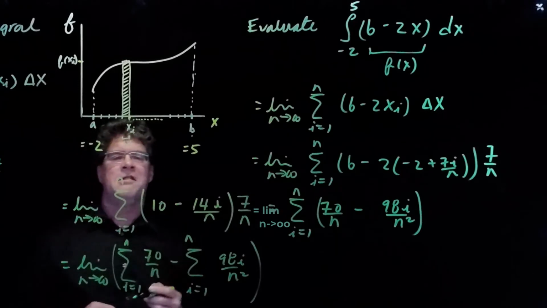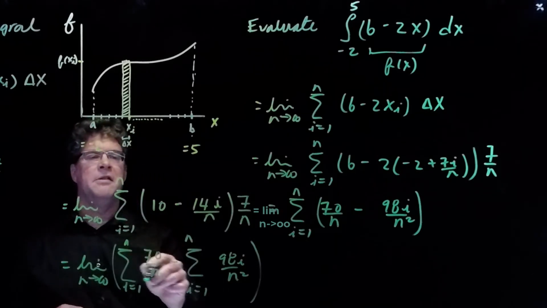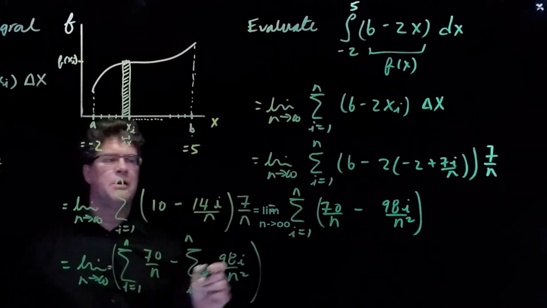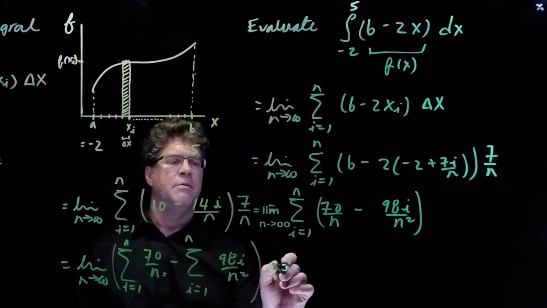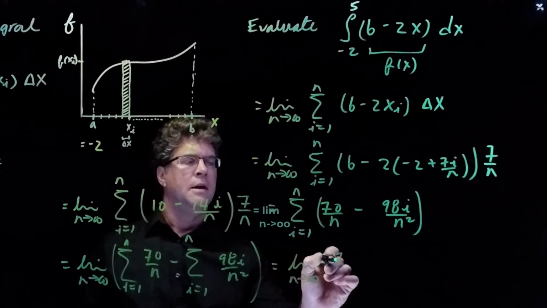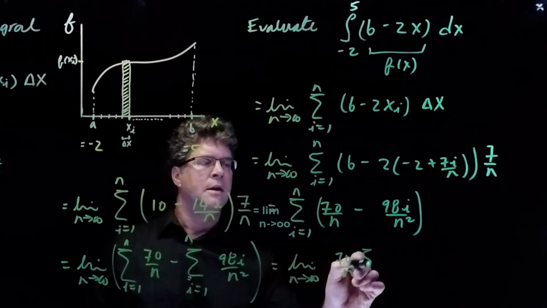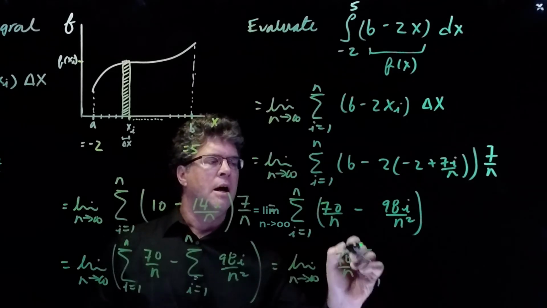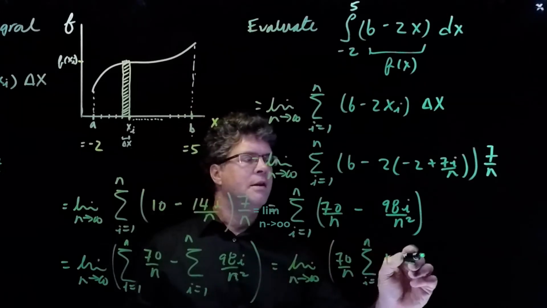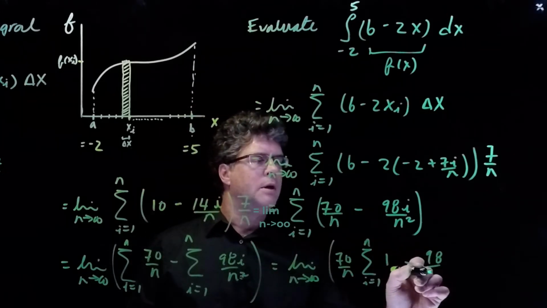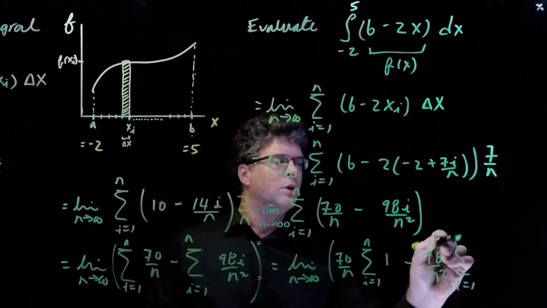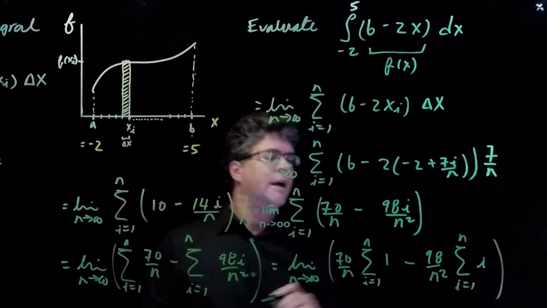At this point we can see that 70 over n doesn't depend on i, neither does 98 over n squared, so we can pull these constants out. This is equal to the limit as n goes to infinity of 70 over n times the summation i from 1 to n of 1, minus 98 over n squared times the summation i from 1 to n of i.